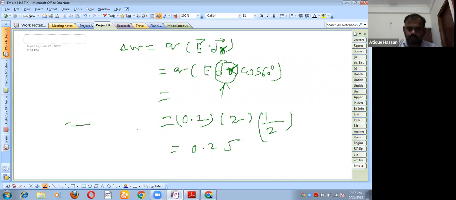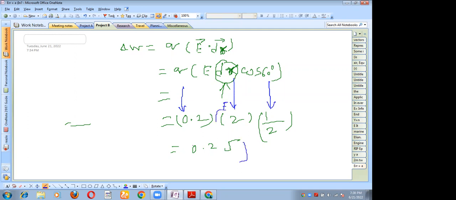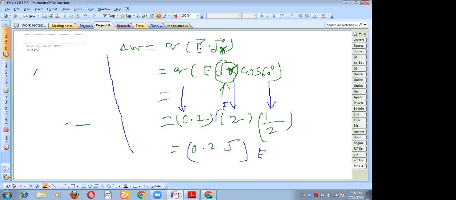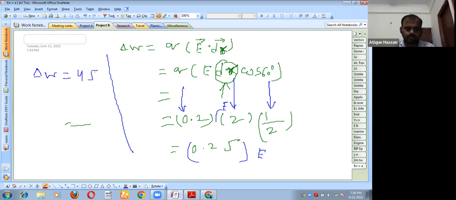So you also have to put the value E here. Since 0.2 is the value of Q, right? And dr is 2. Cos 60 is half. So E remains here, right? E remains here. And its value is given in the question. Delta W is given as 4 joule. Yes, in the question, delta W is given as 4 joule, right?